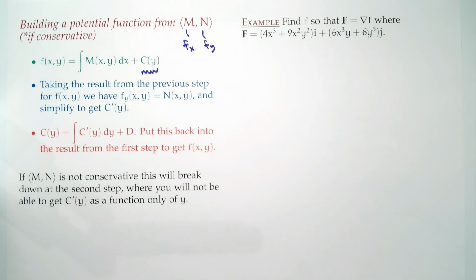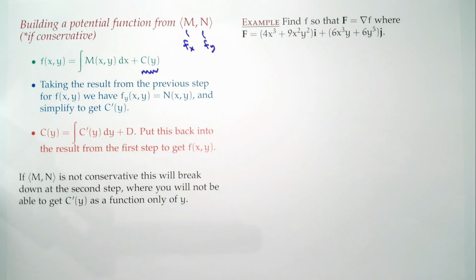You plug it in. Now, you might say, why won't this always work? It sounds pretty foolproof, because we know that not all functions are conservative. Well, we actually don't know that yet. We haven't seen an example explicitly that says that, but you can take my word for it. Not all functions are conservative. If you have something which is not conservative, it breaks down at step 2.